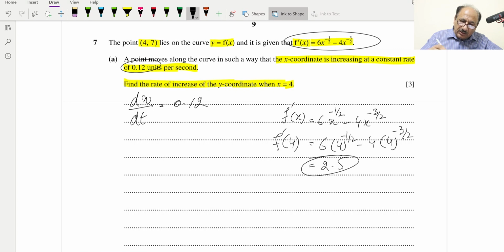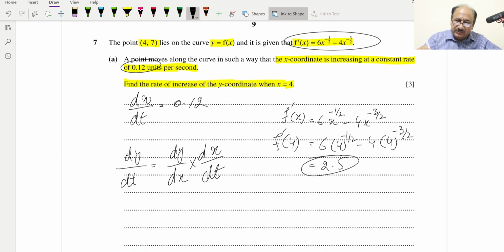Now this is done. Next is what? dy over dt is equal to dy over dx multiplied by dx over dt. This is our chain rule which we will be applying. So dx by dt value we have, and dy over dx is the derivative which we found, which is 2.5.